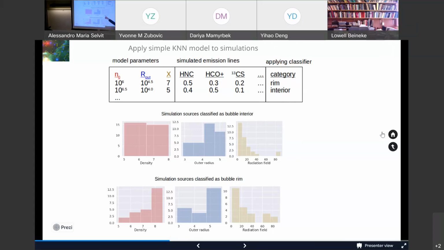The radiation field here is relatively not excessively large. A typical radiation field in the galaxy on this scale is 1. We would expect them to be higher, and they are, but not orders of magnitude higher. More interesting are the sources that the model categorized as rim. Those sources are preferentially high density.